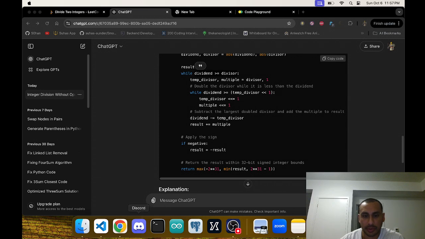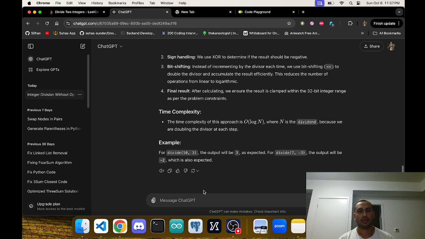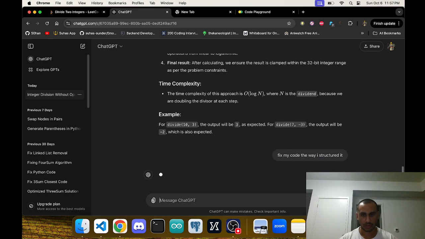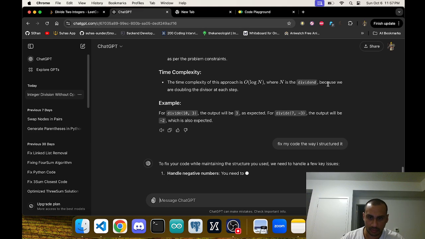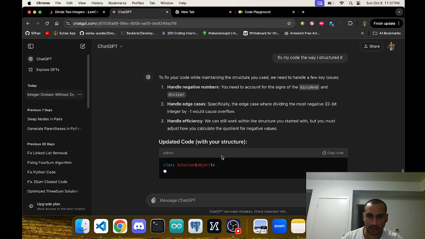Okay, so let's go through with this now. Handling negative numbers. Okay, handling edge cases. 32-bit -1. Okay, cool.